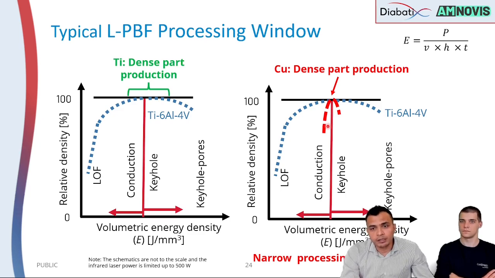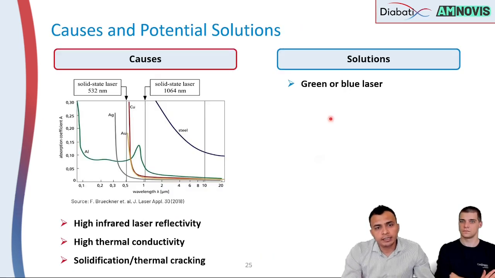In the next slide, I will tell you the causes behind the small processing window. The first and foremost cause is that copper typically has high laser reflectivity at the infrared laser wavelength. In laser powder bed fusion, most commercial machines use a solid state laser with a wavelength of around 1070 nanometers, and as you can see, the absorptivity of copper at this wavelength is very low.